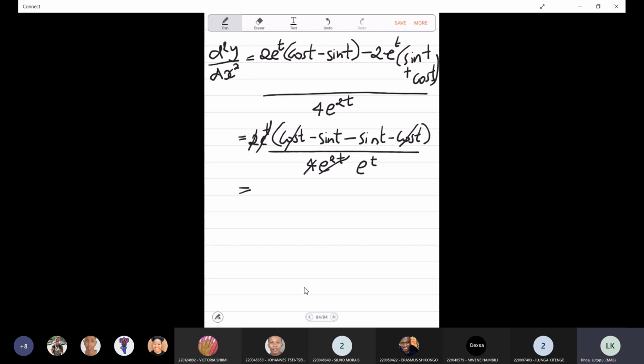Then I have e to the power of t there. So I have negative 2 sine t over 2e to the power of t, and the 2's here will cancel. It's negative sine t over e to the power of t. That is still different from what I have here.